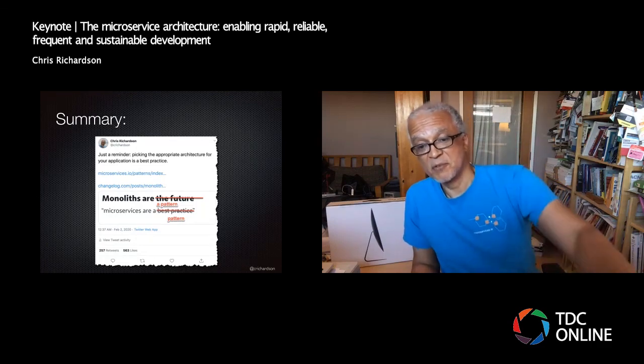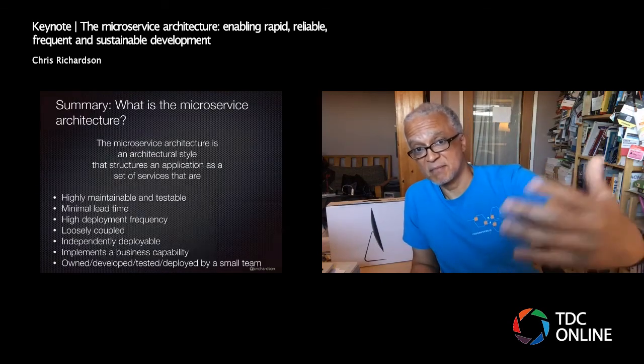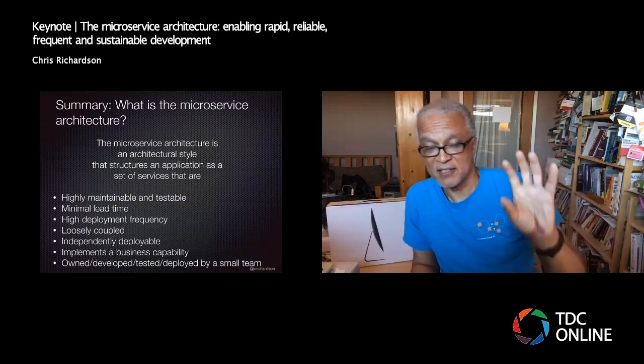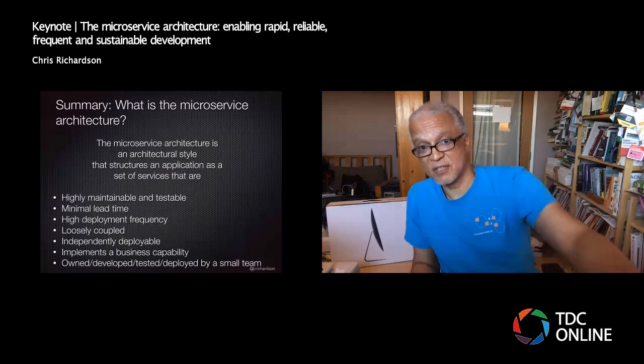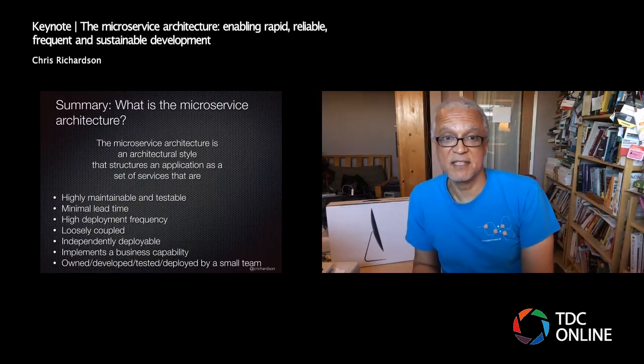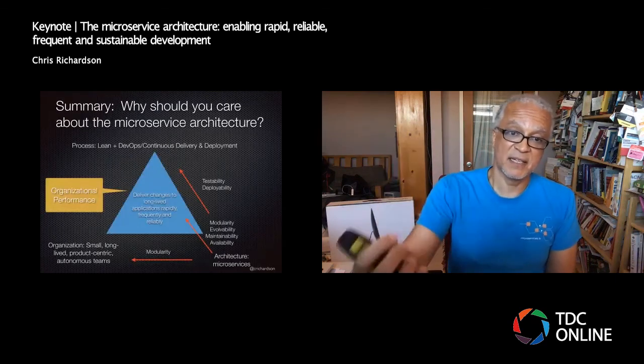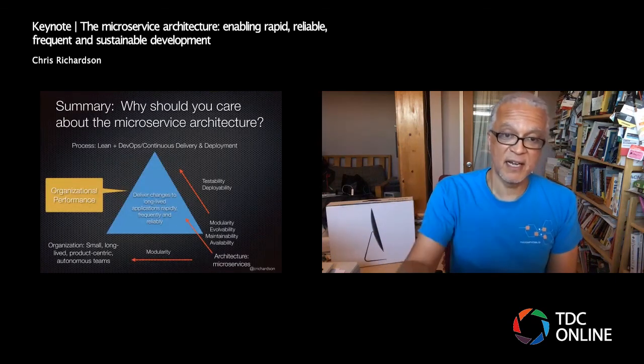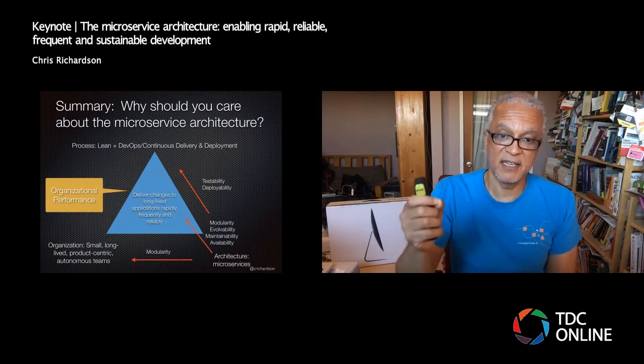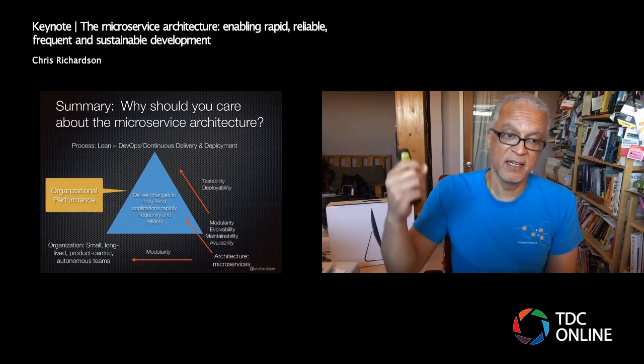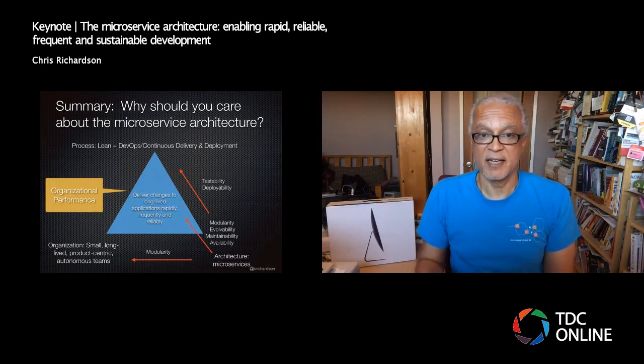I've already talked about how the microservice architecture is an architectural style that structures an application as a set of services, and it enables you to deliver changes to long-lived applications rapidly, frequently, and reliably. So that's my talk.